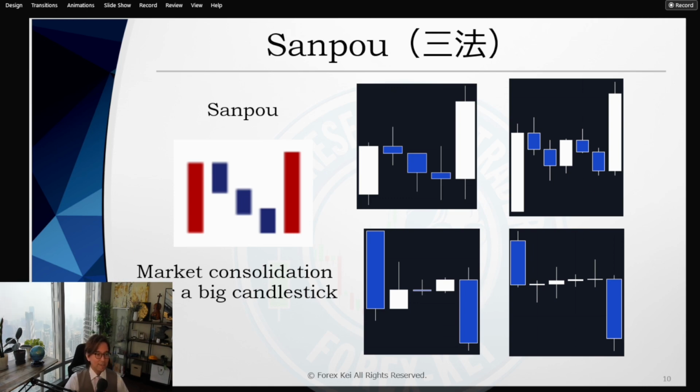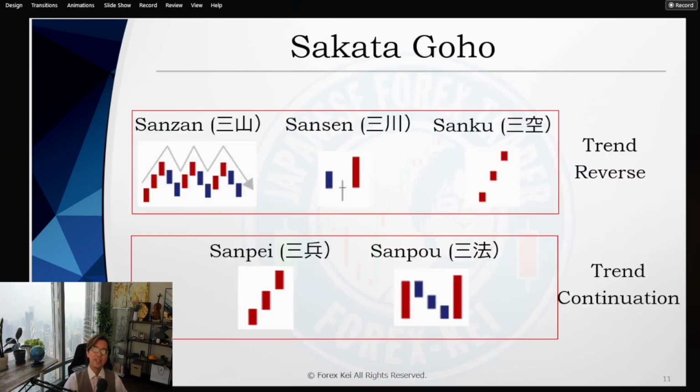So again, I have been introducing 5 patterns so far on the previous video series. So Sanzan and Sansen and Sanku are the trend reverse pattern, and Sanpei and Sanpou are trend continuation pattern.